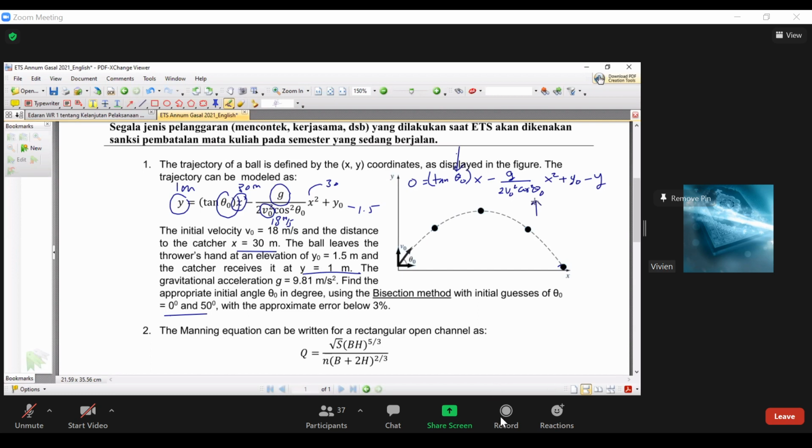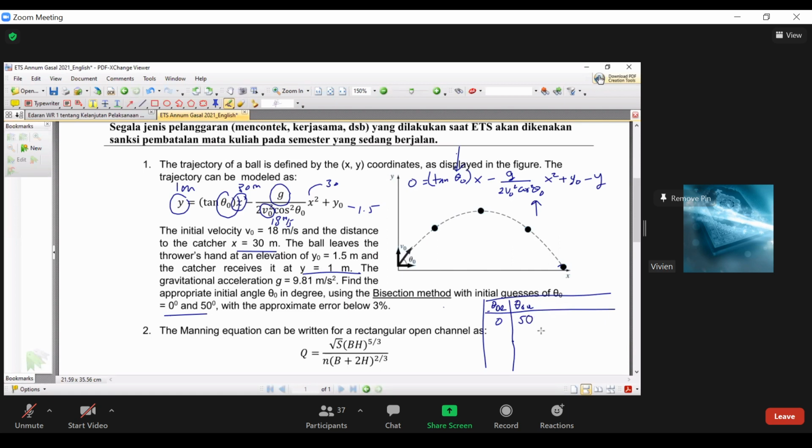What we can do is insert the bracket. So say we have theta 0 for the left, the lower limit, and for the upper limit, we have 0 and 50.